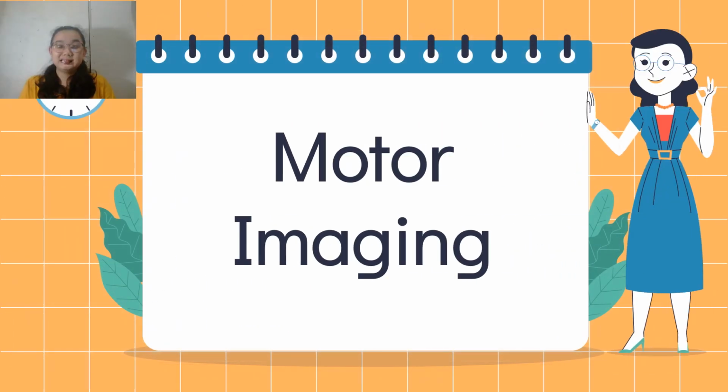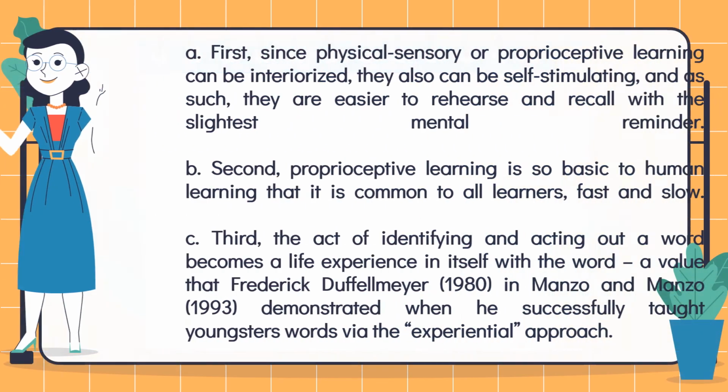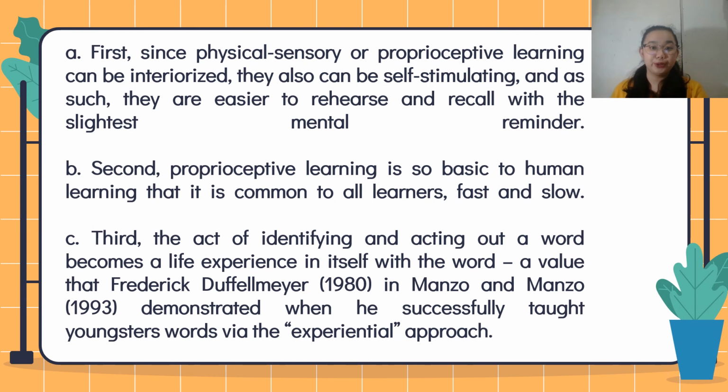And for the last subtopic, we have motor imaging. In implementing motor imaging, first, since physical sensory or proprioceptive learning can be interiorized, they also can be self-stimulating, and as such, they are easier to rehearse and recall with the slightest mental reminder.